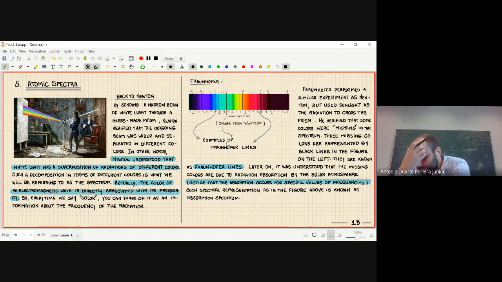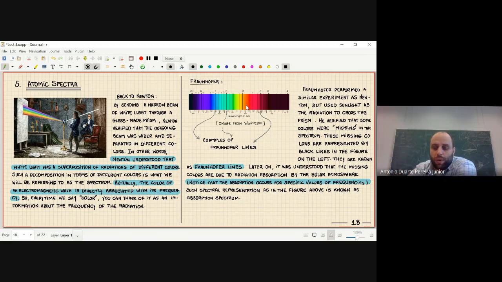So what Fraunhofer realized was that some colors were missing in the spectrum of the sunlight. And you have to explain why, for very specific wavelengths, these colors are missing.